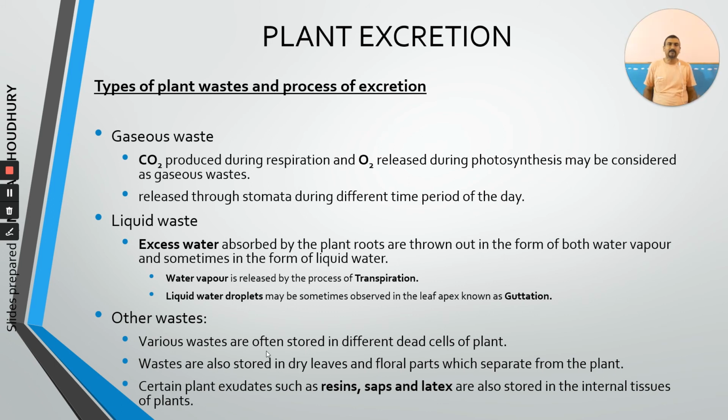At one point of time, they will dry and get separated. So all the wastes are stored in those tissues because that's how they will ultimately get separated from the parent plant. But certain wastes, which we often call plant exudates, such as resins, saps, latex, etc., are stored in the internal tissues of the plants. So that is how the plants carry out excretion.